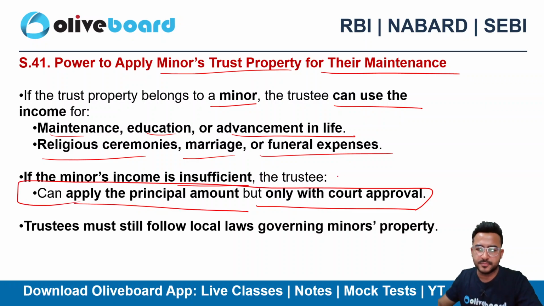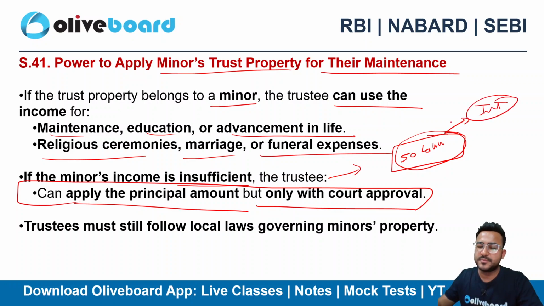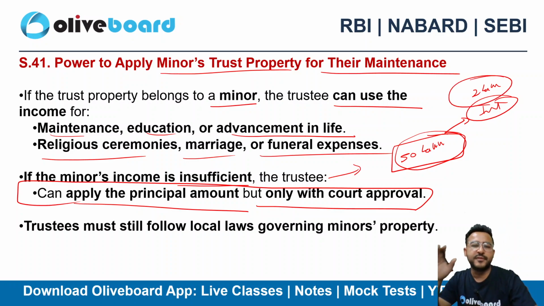Let's suppose the trustee is having 50 lakh rupees property as property. Now the trustee is using only the interest which is being generated on this 50 lakh. Let's suppose 50 lakh rupees पे 2 lakh rupee का interest generate होता है. 2 lakh rupee interest is being generated from this 50 lakh rupee.